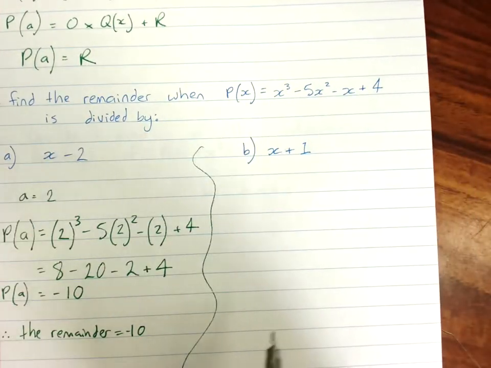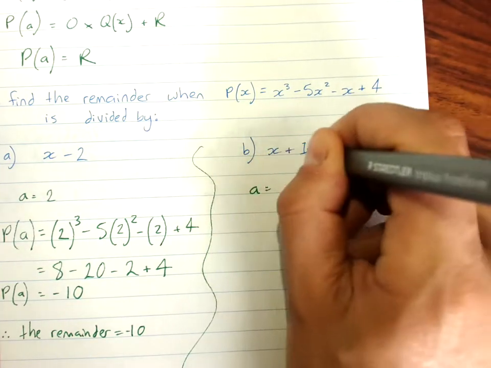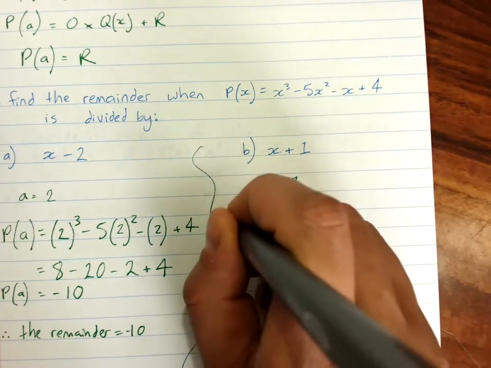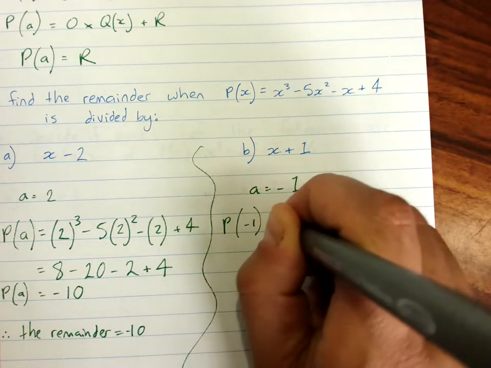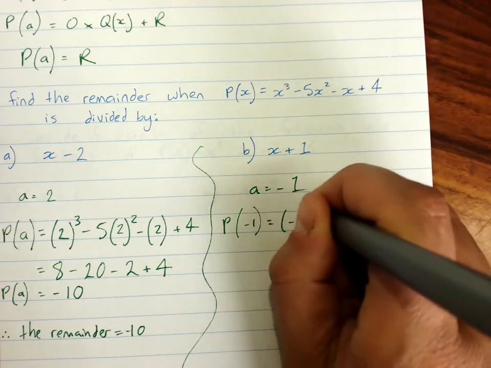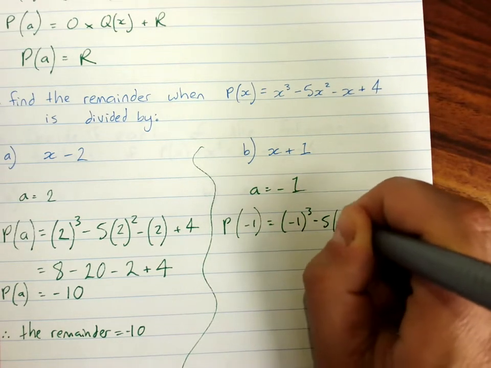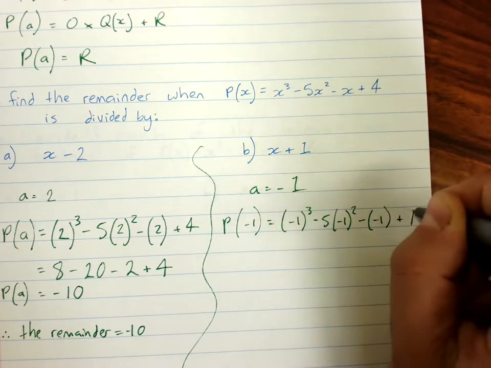Another example if you want it, skip if you don't. A is negative 1, so we evaluate our polynomial for negative 1. That's negative 1 cubed minus 5 times negative 1 squared minus negative 1 plus 4.